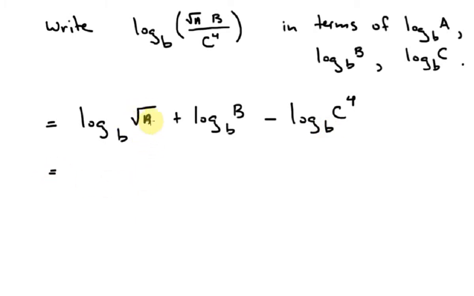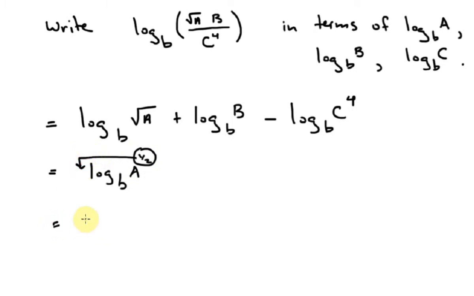Now I'm going to bring some of these exponents out in front. So this guy here is like saying the square root of a, which is like a to the 1/2. If I write it this way, a to the 1/2, that means I can take this exponent and bring it out in front.